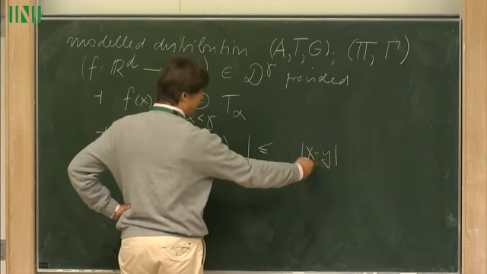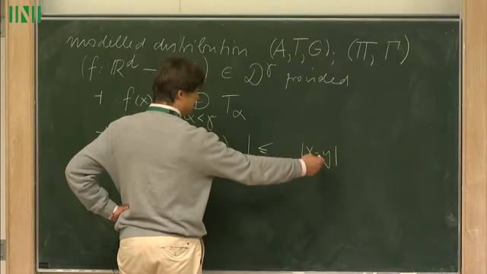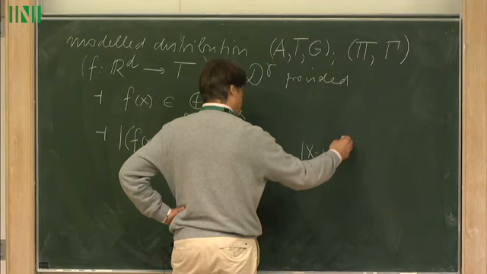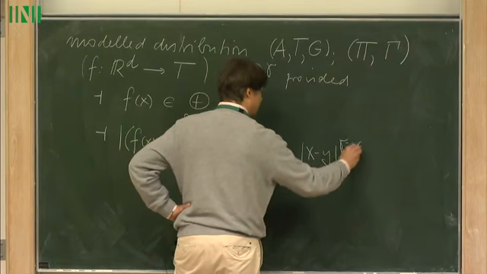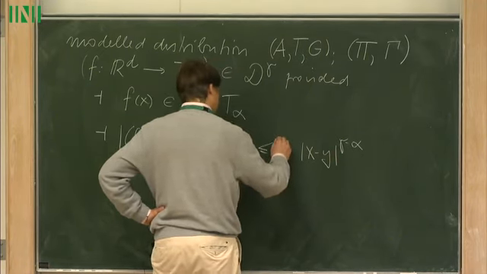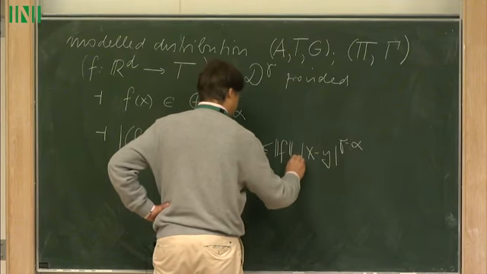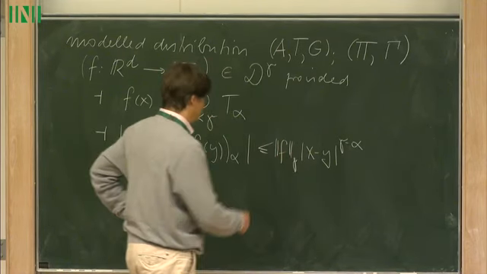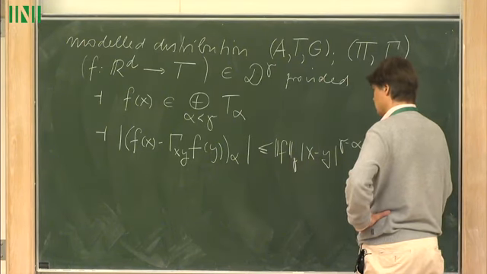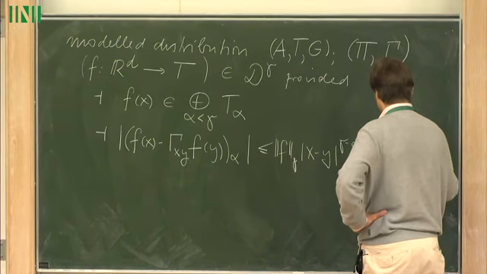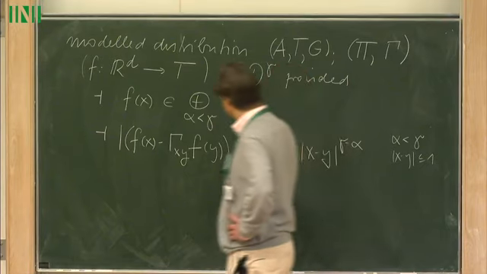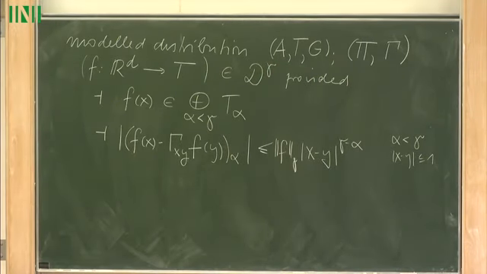So in my case, I'm using here the elliptic distance, but you could also use the parabolic distance, like Lorenzo introduced it, to the power gamma minus alpha, which is a positive number. And this constant, the best constant here, you may consider as being the norm, this generalized Hölder norm of f, or the Hölder semi-norm, to be more precise. And this is supposed to hold for all x minus y less than 1 and all alpha less than gamma. There's nothing for alpha larger or equal than gamma anyway.